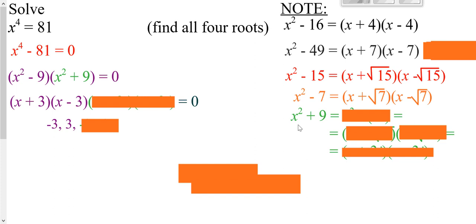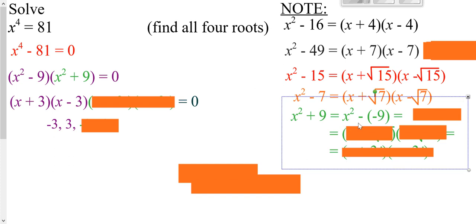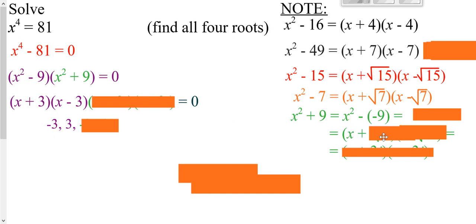So here we have x squared plus 9. Well, adding is really subtracting the opposite. So now what we have right here is set up just like this. Something squared minus something squared. Something squared minus parentheses squared. So you can put an x in the beginning of each one. Then what goes in the end is the square root of this right here.